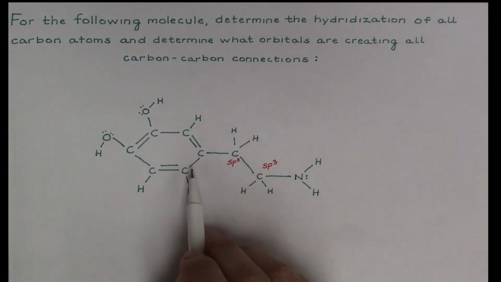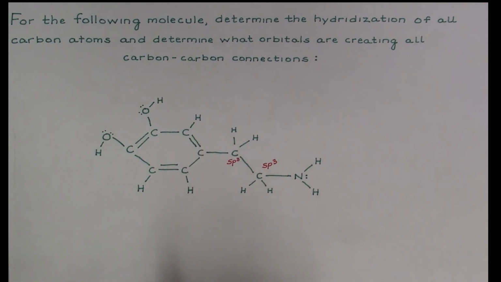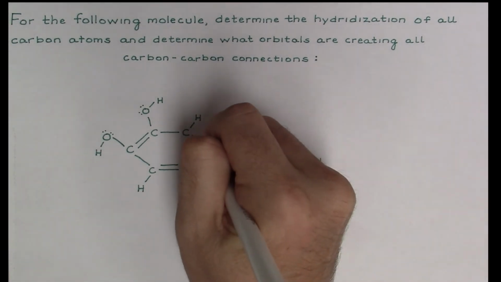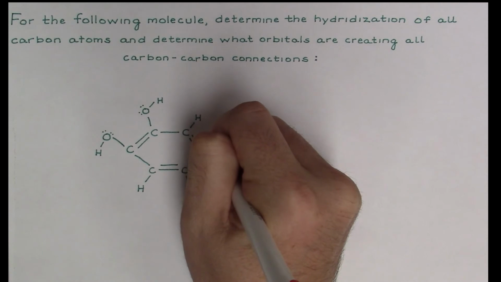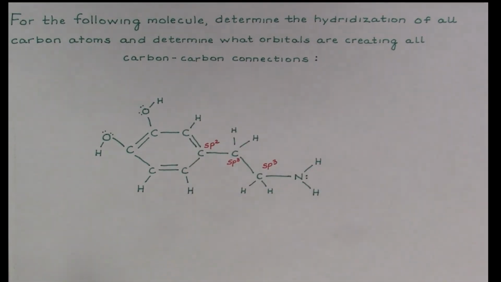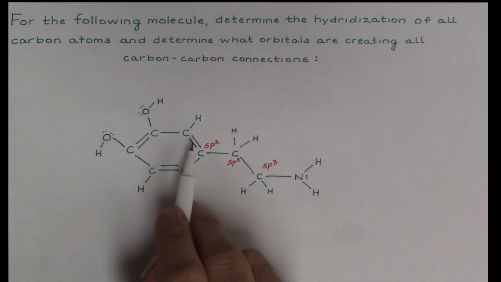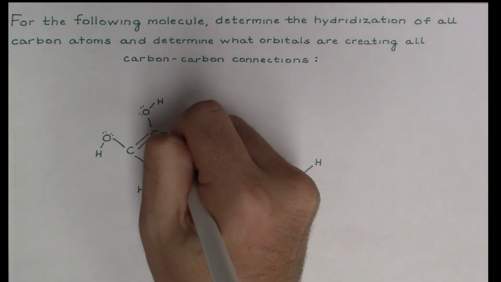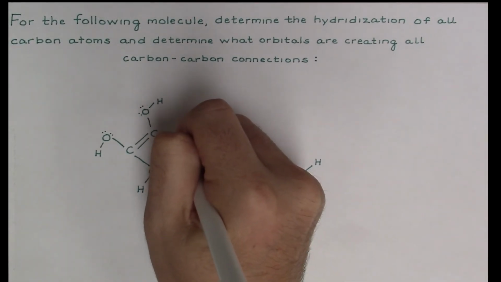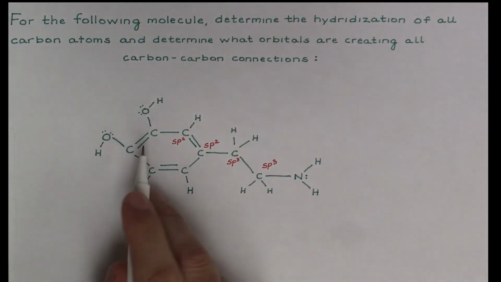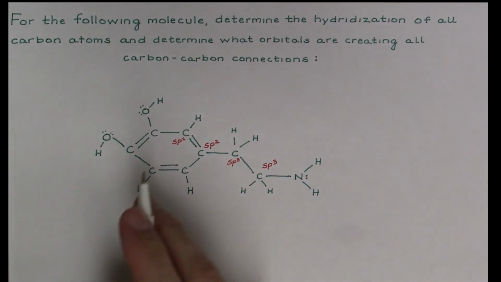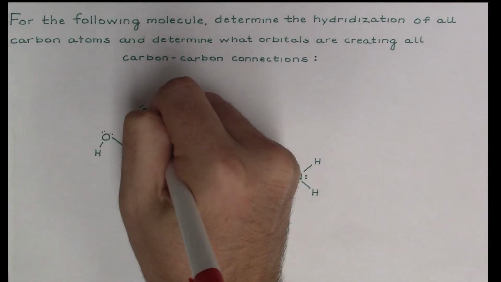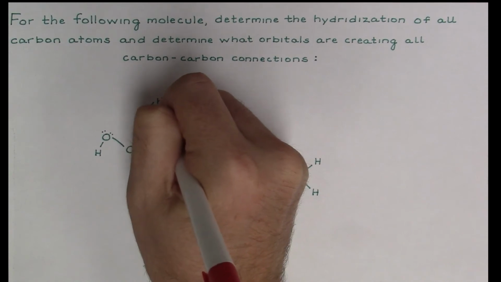Now you will notice that this carbon has only 3 attachments. This is going to be an sp2 hybridization. The next carbon has only 3 attachments and is sp2 as well. This carbon has 3 attachments, a double bond to a carbon, 1 to the oxygen and 1 back to the other carbon, but it is still sp2.